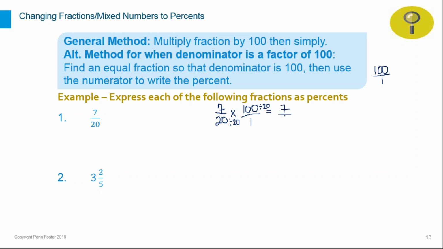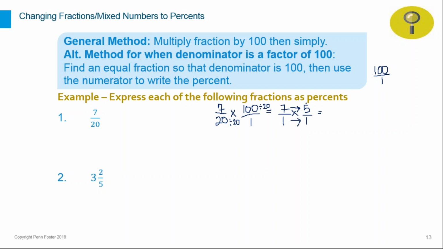So 7 over 1, because 20 over 20 is a 1, times 100 over 20 is 5 over 1. And then, since nothing can be canceled out between 5 and 1, or 7 and 1, go ahead and multiply across.